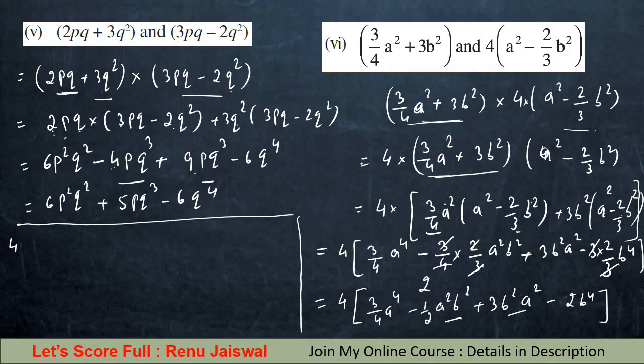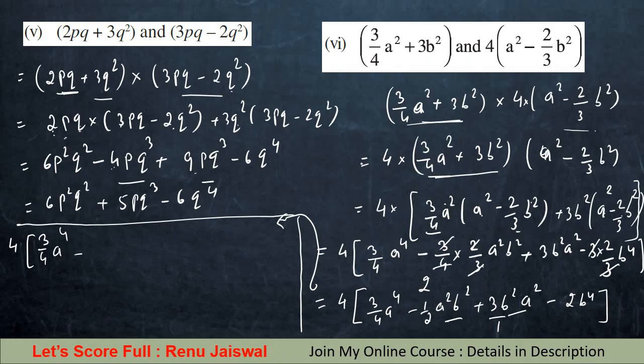4 is outside, I am solving this part here. 4 outside. So 3 by 4 a4. Here nothing means 1. Take LCM. Okay. So how much is the LCM? 2. Here I need to put something. So as of now I am keeping it as plus, or so that you do not get confused, I can do one thing.